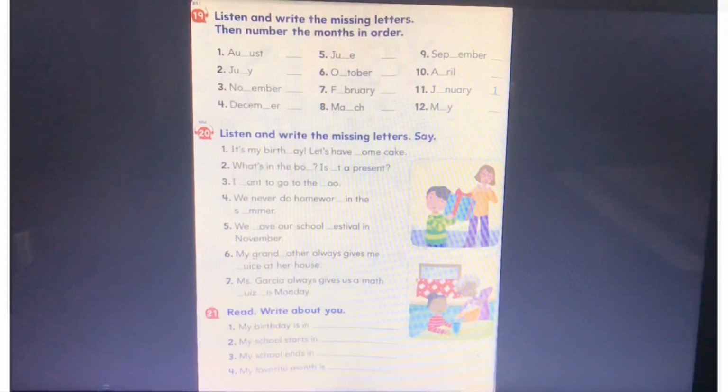Okay, so we can see that in section 20, we have a birthday party. And Grandma always gives juice at her house. Very good. Now we will move on to section 21.